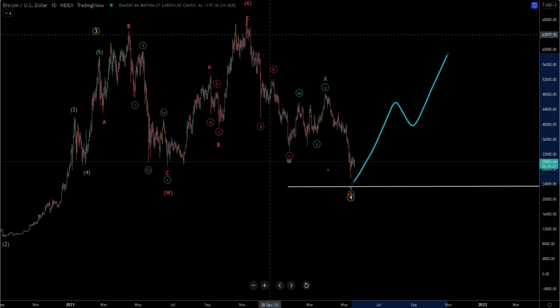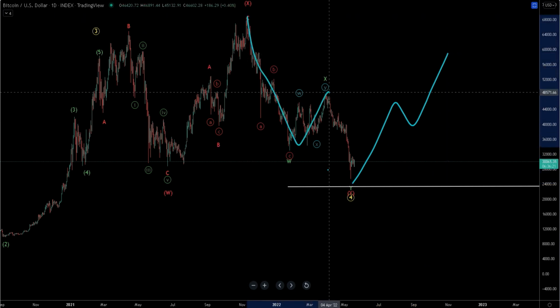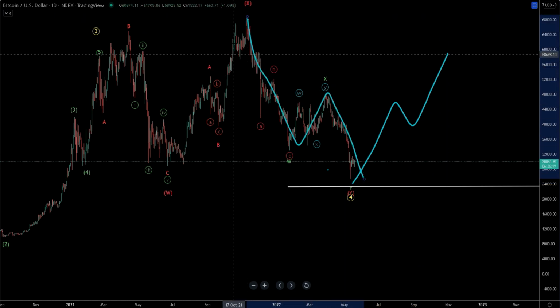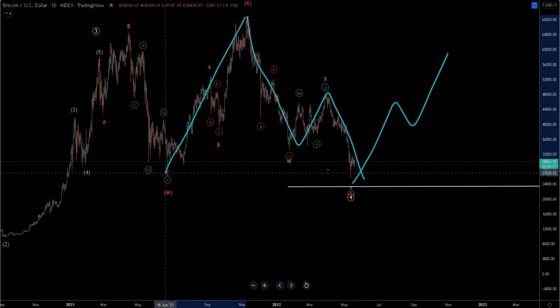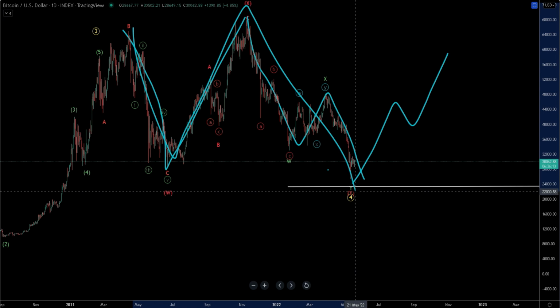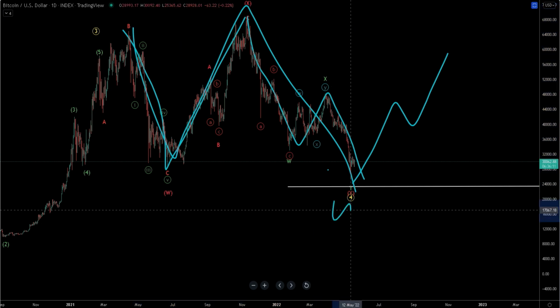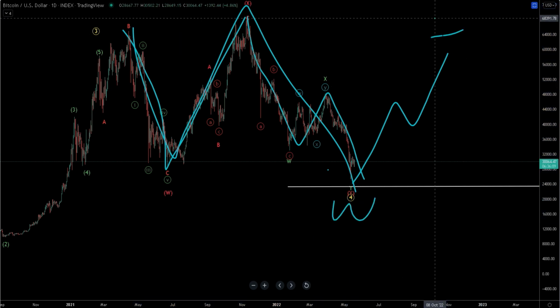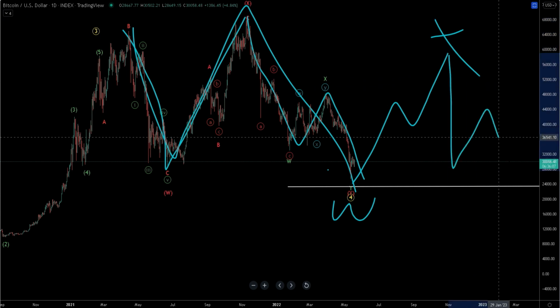So this whole thing could be 3. Actually, we'll make it even bigger. So this whole thing is 3. 1, 2, 3, right? That could all be a big W. And now you just put in a bigger X, and you're getting 3 more.